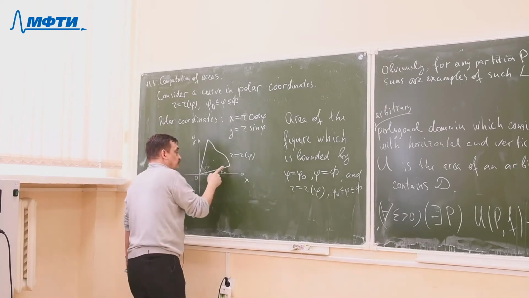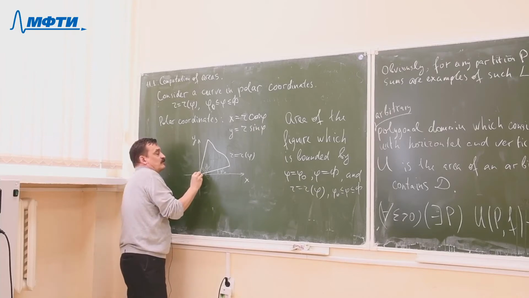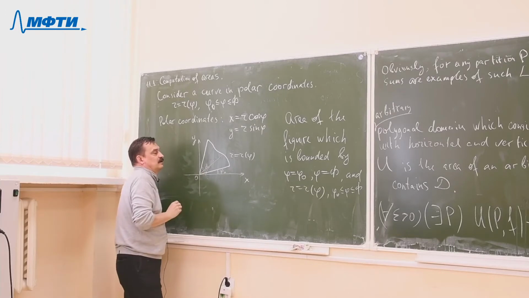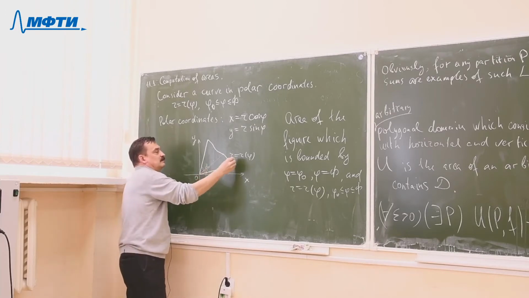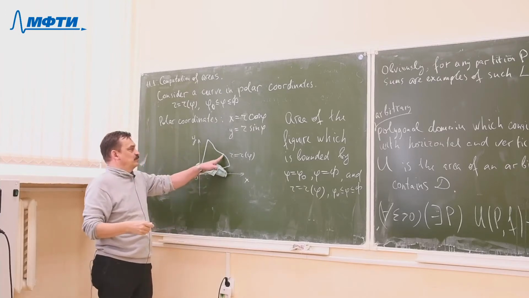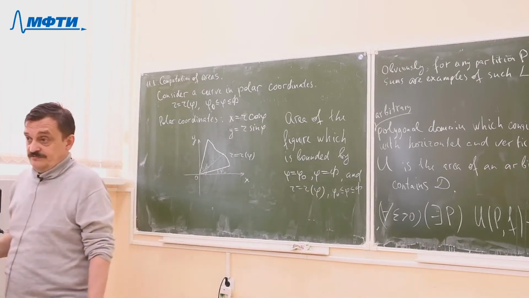So for an arbitrary intermediate value of phi, like that, this r is the distance from the point of our curve to the origin.